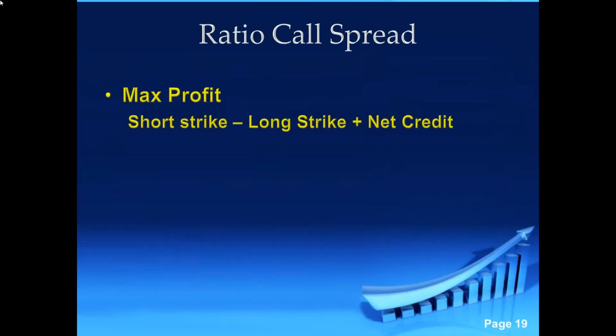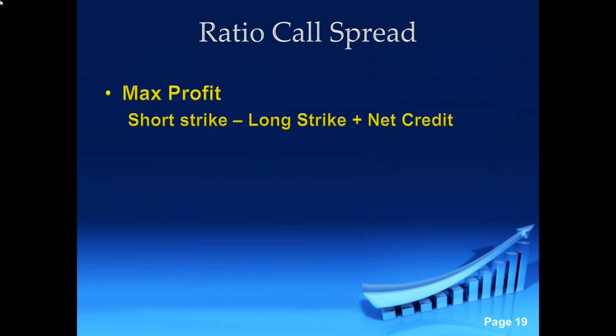And how do we figure out our max profit? Our max profit is pretty easy. It's that short strike minus the long strike plus the net credit received. So in that example I just gave, if we bought the 100 strike and then sold the 105 strike, then the width of our spread is $5.